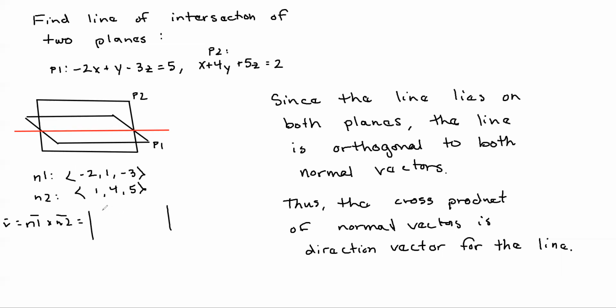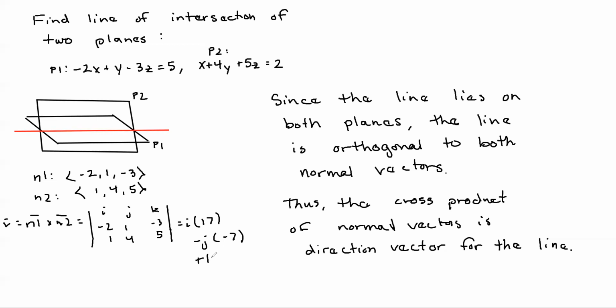We'll have i, j, k; -2, 1, -3; 1, 4, 5. This equals i times 5 minus -12, that's 17. Minus j times -10 plus 3, that's -7.